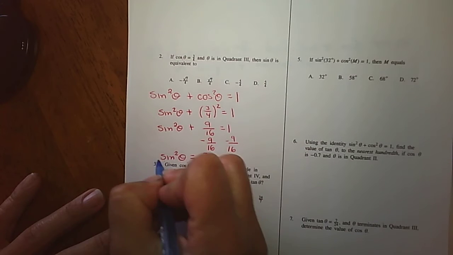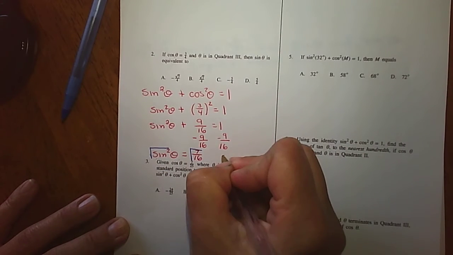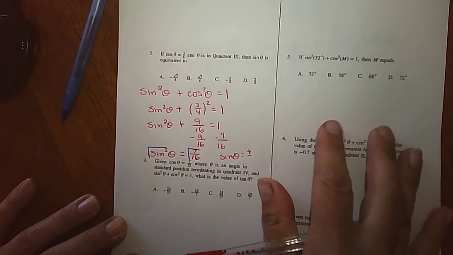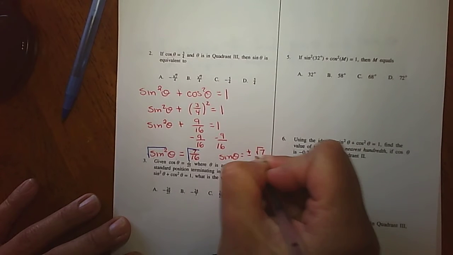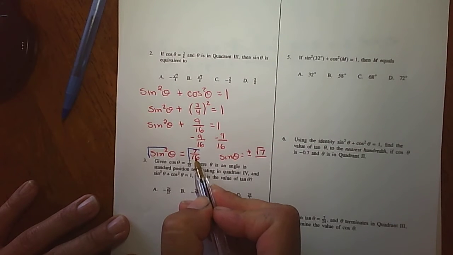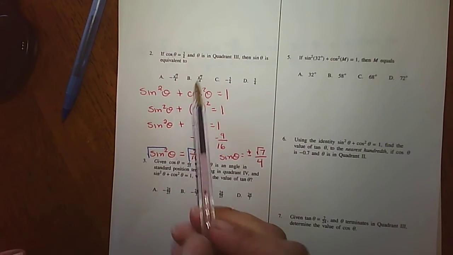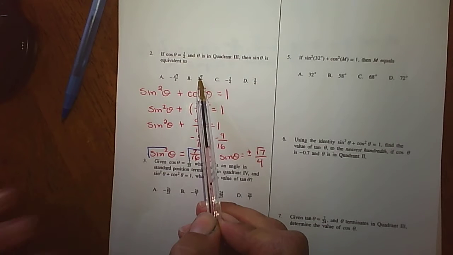That means we want to take the square root of both sides. When you take the square root of both sides, you get sine theta equals plus minus, right? Can you take the square root of 7? No, so it stays in the radical. What's the square root of 16? That's 4. Now we have to decide, is it negative radical 7/4 or positive radical 7/4?